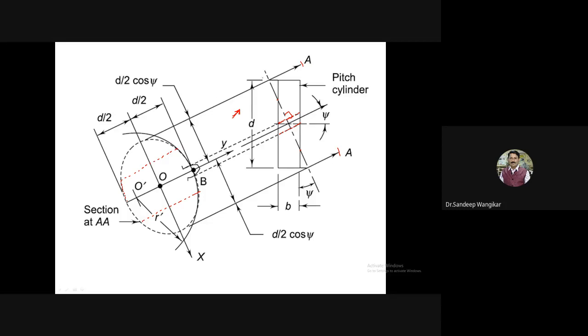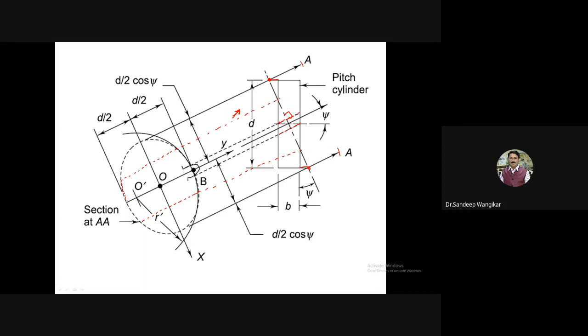This is the extension. Whatever you can observe, I am highlighting; this is the extension taken. Try to imagine now if I take the projection at this particular point. We will try to draw something like this, and if I take the projection at this other point, you will get this much.